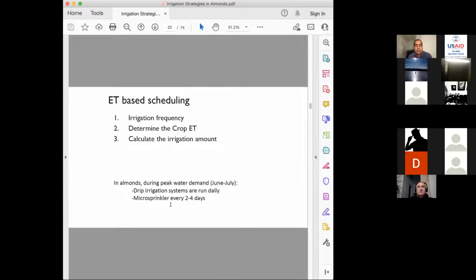Based on your soil's type, you can decide that, okay, I want to apply irrigation every 3 days. Okay, then based on the water holding capacity and based on previous year's irrigation applications, you can have an idea of how much water your soil can hold for every day of irrigation application.